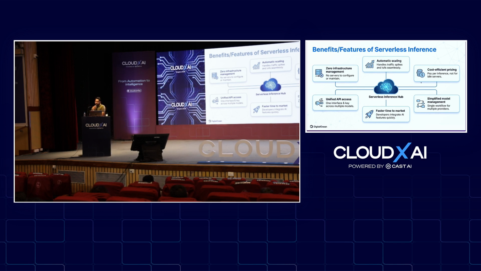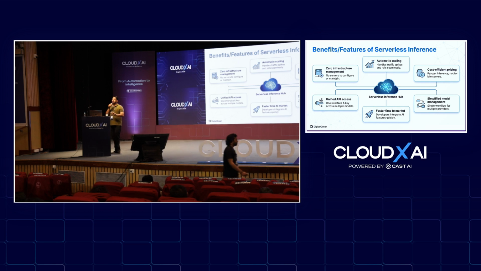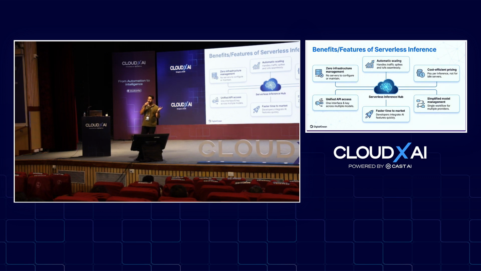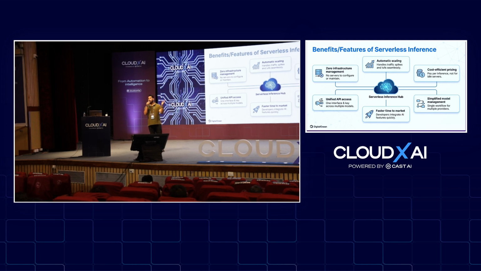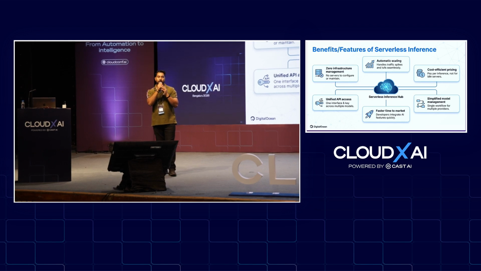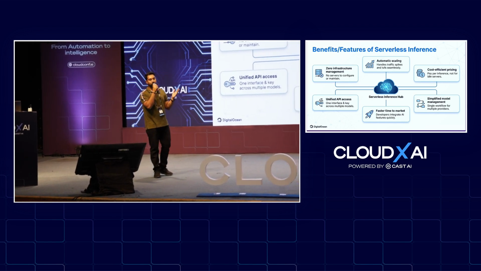Okay. Next is simplified model management accompanied with a unified access key. So this is all under one umbrella, one roof. You are creating a model access key. We will see that in the demo as well. You are creating a model access key within one screen or one UI, and from there itself, you get access to all the models available from various different vendors and providers, right?